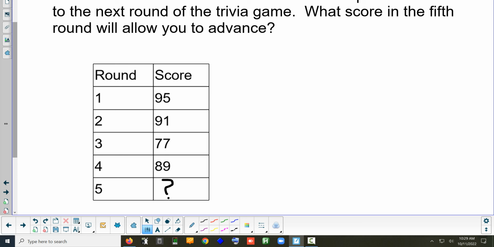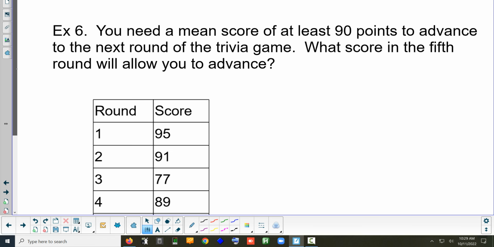What score would you have to get in the 5th round to be able to advance? This would be the same kind of question if it said, these are your 4 test grades you've gotten this term. You want to get at least a 90 on your report card. What grade would you have to get on the 5th test to make sure you get a 90 or higher?